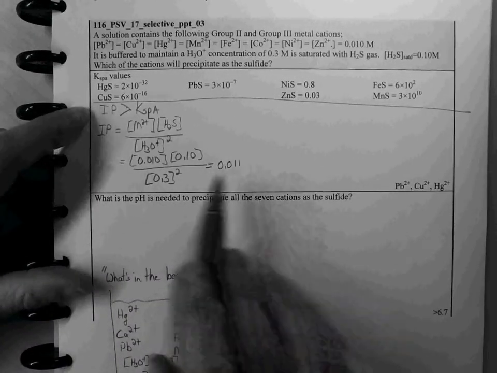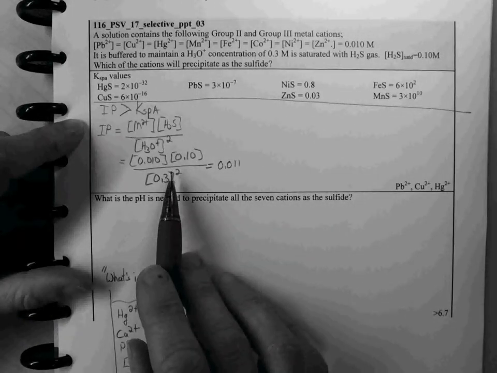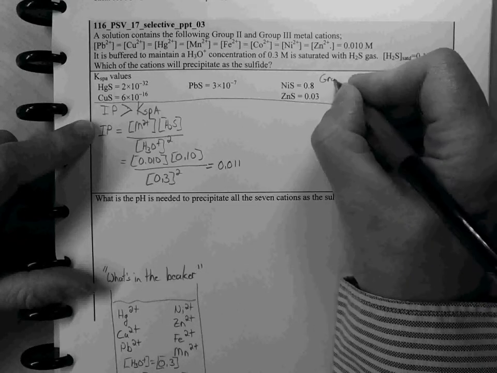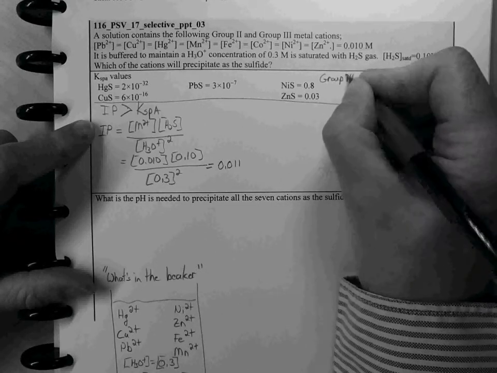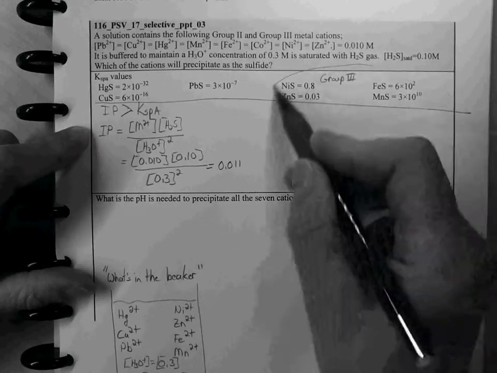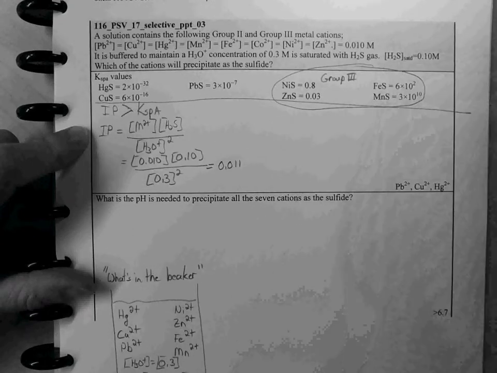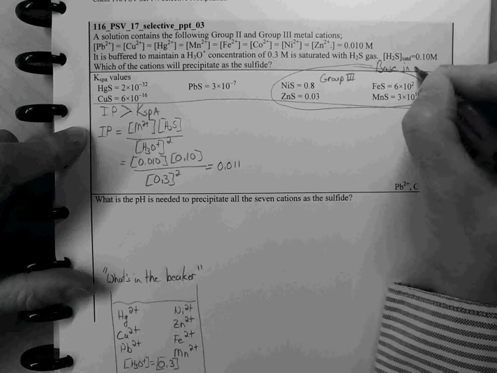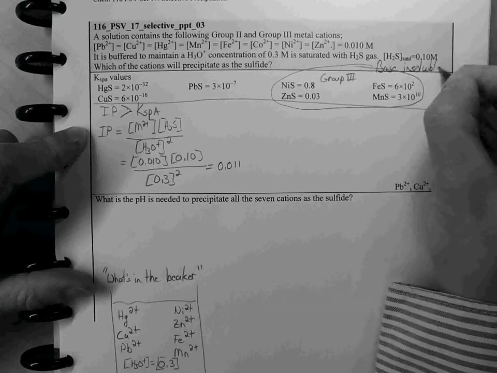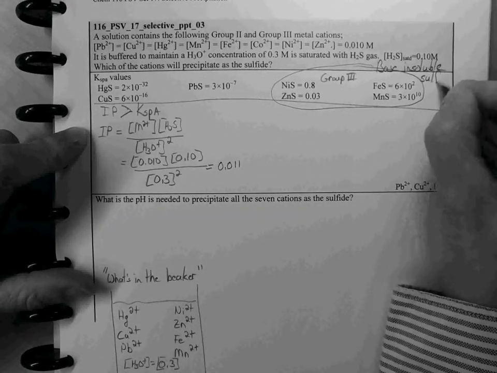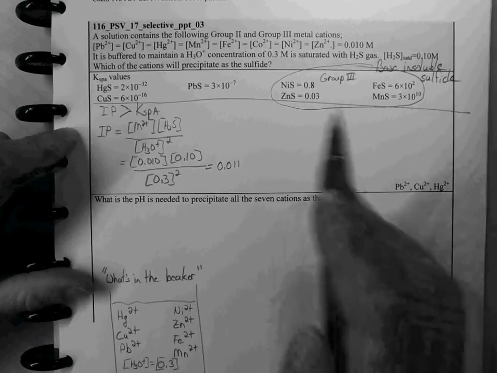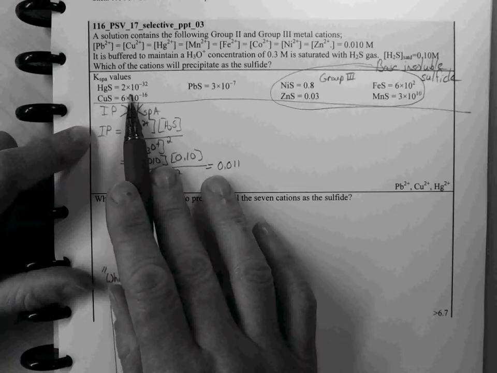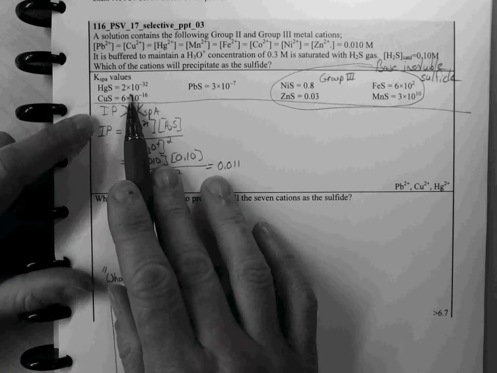And you may note that these are kind of grouped in 2 separate groups. The reason being that these correspond to our group 3 cations from lab. Okay, group 3 are the base insoluble sulfides, and they have KSPA values that are considerably larger than those of the acid insoluble sulfides.